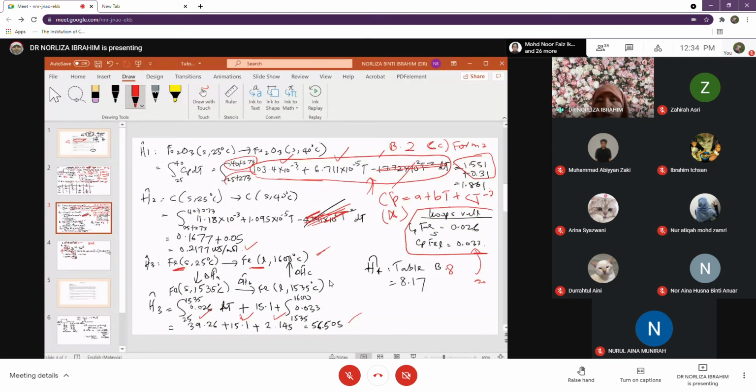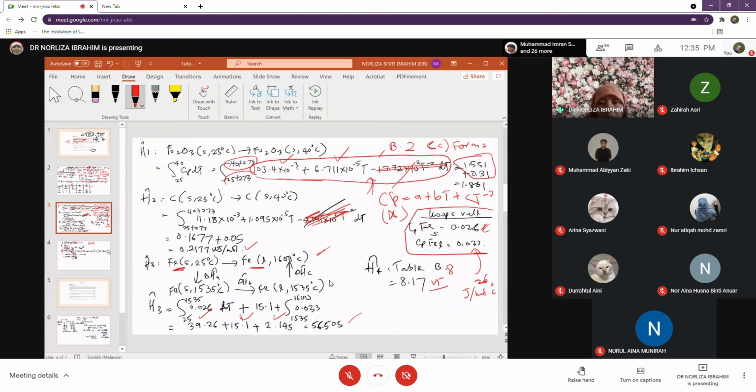But 26 is referring to what? Joule per mole degree C. So I already converted this to kilojoule per mole degree C, because I want to make it consistent with the rest, which is all in kilojoule per mole.